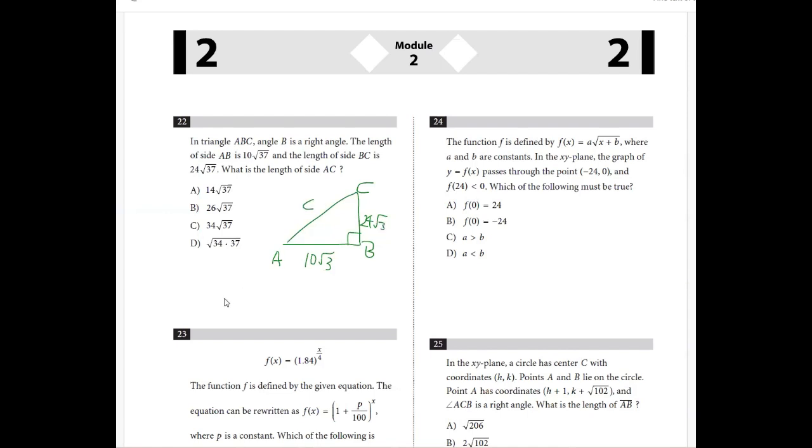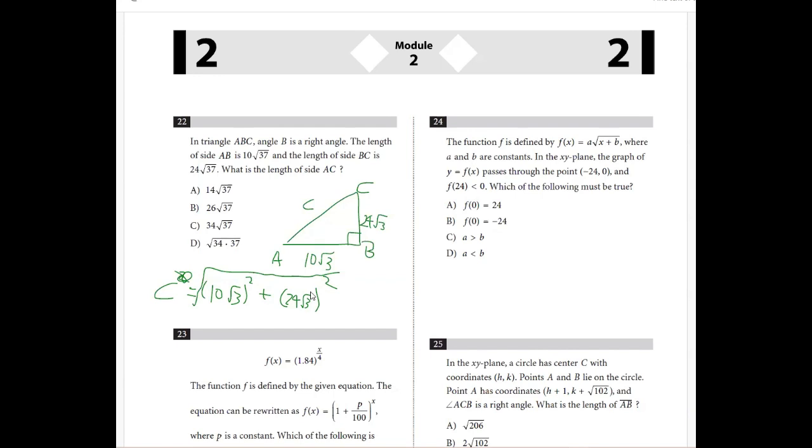Okay, easy Pythagorean theorem. So C squared is equal to all of this squared plus this squared, and c is equal to the square root of this.